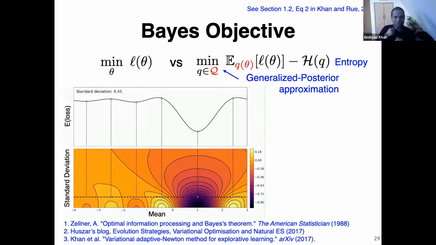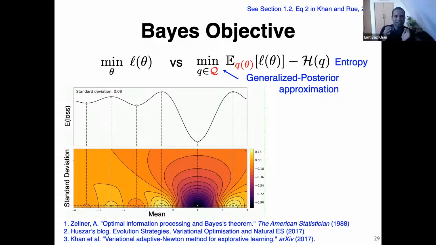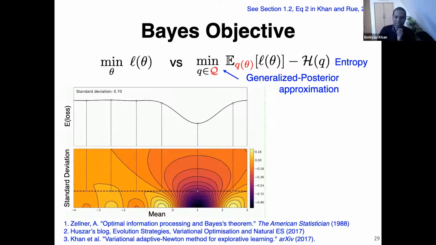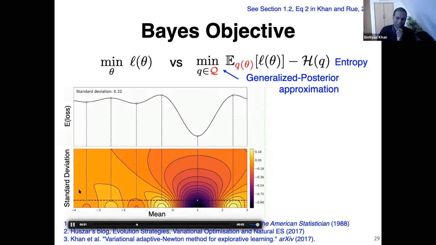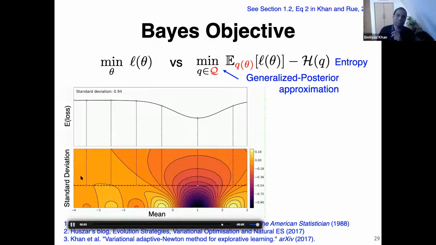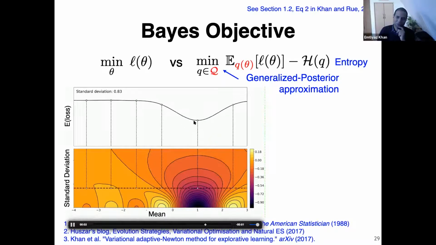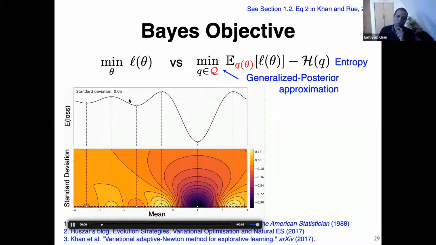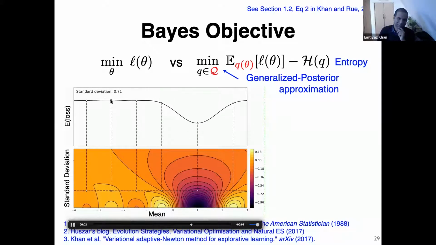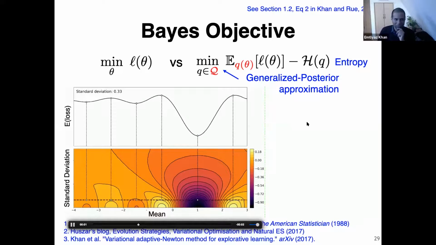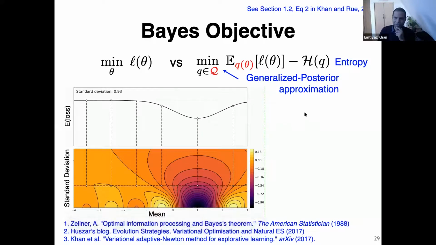When you sample from a distribution and average over it, the higher the standard deviation, the smoother the objective function. But you need to find the right standard deviation such that only the more prominent local minima remain while the others disappear. It's a very subtle point.